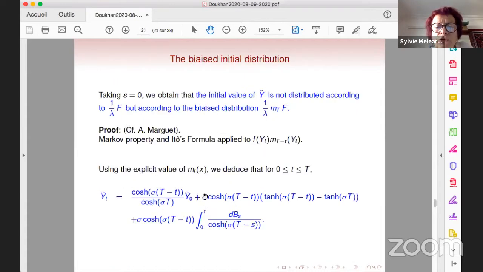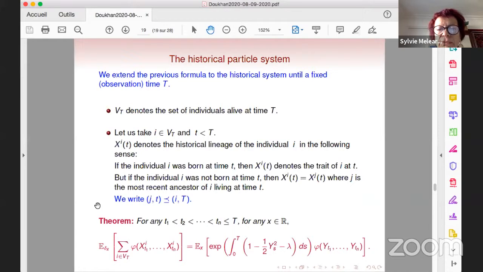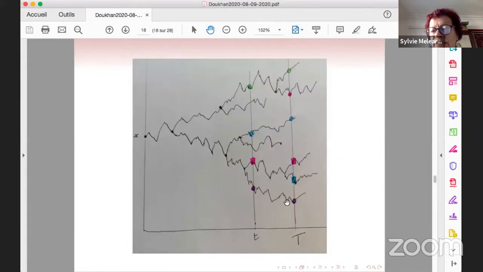Using this m_t, we have an explicit formula for this inhomogeneous process Y tilde t. If I take at random an individual, for example the pink one, Y tilde t gives the law of the trait trajectory from x to this pink trait here.